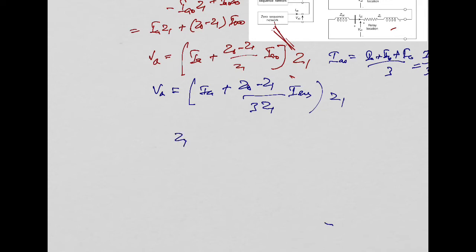So finally, from this equation, the desired value of the impedance Z1 is given by VA divided by IA plus (Z0 minus Z1) divided by 3Z1 into I residual. In the above equation, you will see that Z1 appears on both sides of the expression, so it is actually a mixed type of expression.